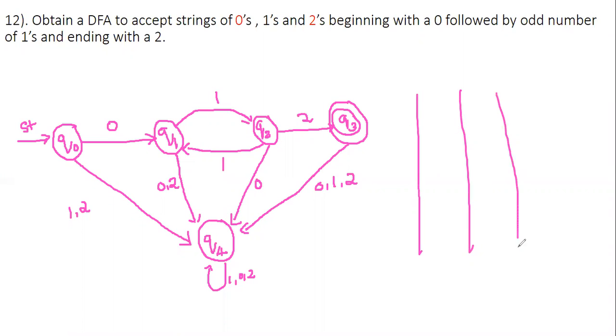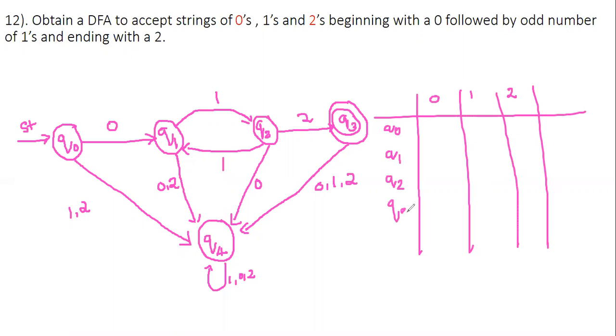So we are expecting 3 columns, for inputs 0, 1, and 2. We are beginning with Q0, then Q1, then Q2, then Q3, and Q4. The start state is Q0 and the final state is Q3 exactly.